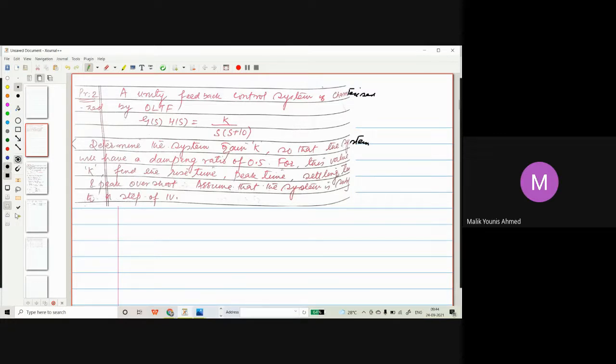For this value of K, find the rise time, peak time, settling time, and peak overshoot. Assume the system is subjected to a step input of 1 volt.